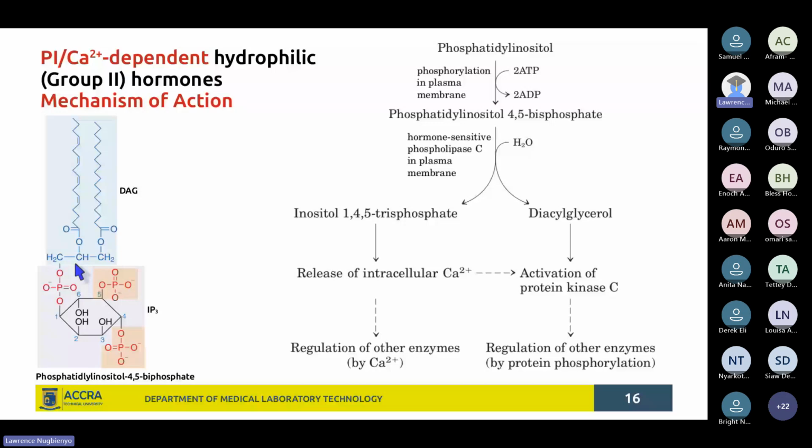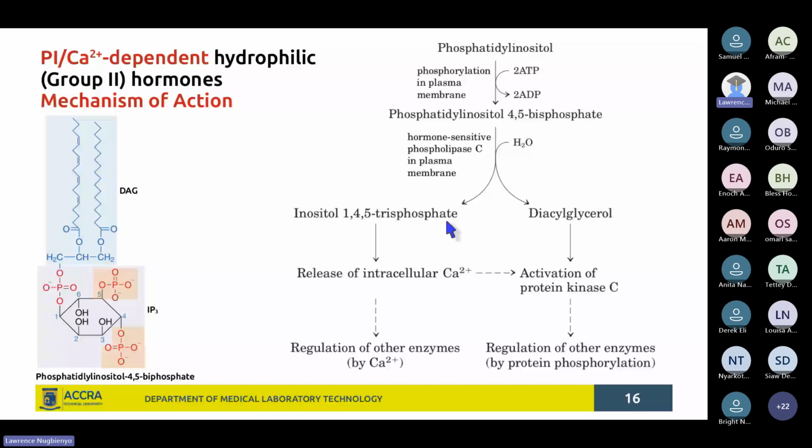So the blue portion up is what will give you that diacylglycerol, and the pink portion down there, the square, will give you the inositol 1,4,5-triphosphate.